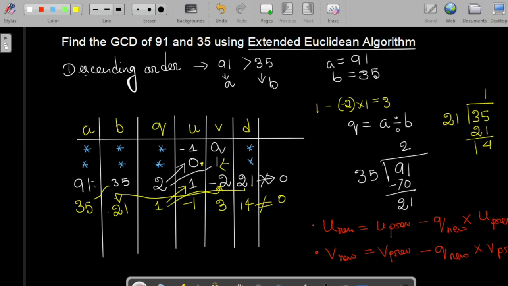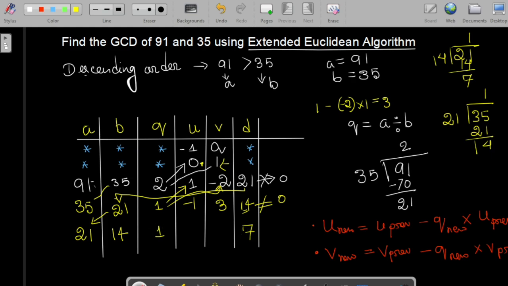In the next step again, the new A will be the previous B, which is 21, and the previous remainder, which was 14, will come in place of the new B. And then again we divide 21 by 14. 14 ones are 14, and the remainder will be 7. The remainder 7 will be written here, and the quotient 1 will be written in place of quotient.